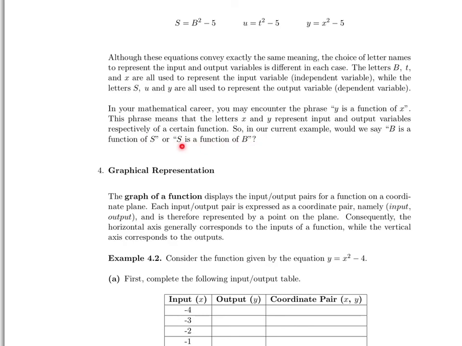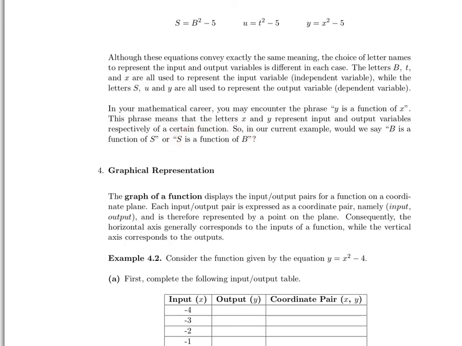This phrase, when translated, says s depends on b, which means b is the input and s is the output. If we look at our equation above, b is the input and s is the output. So s depends on b. So s is a function of b. That's the correct phrase to use in this case.